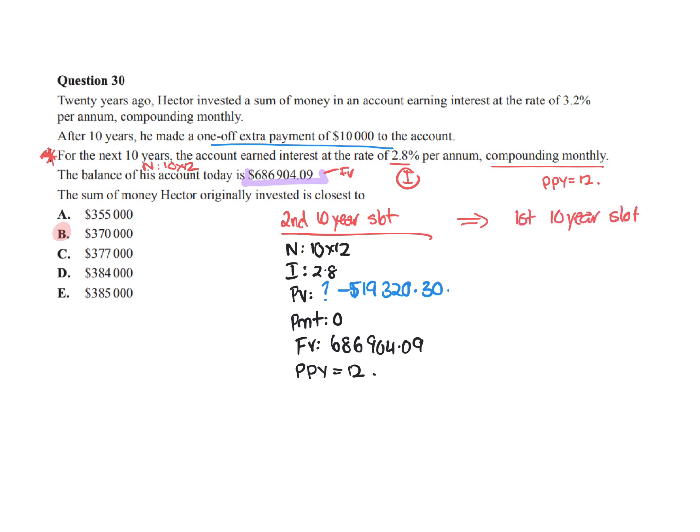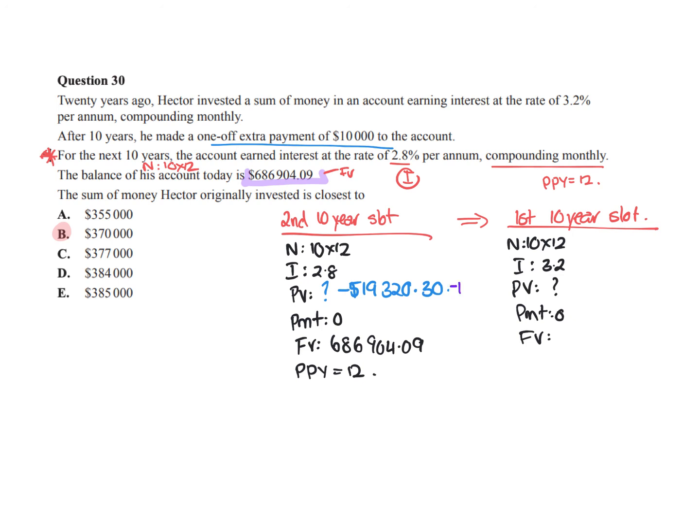Okay? And what we're going to do is, this will still be 10 years by 12, this new interest rate. We want to know the PV, that is the question. We're going to know what this final value is at the end of that first 10 years. That's what we just found here. But we've got to remember, he put an extra 10 grand into this.